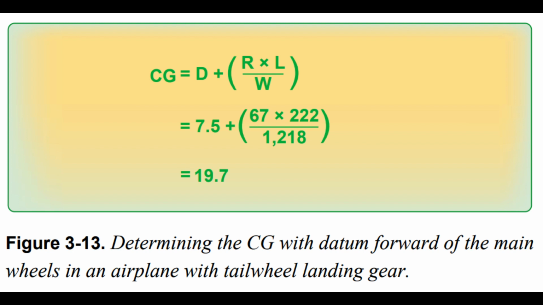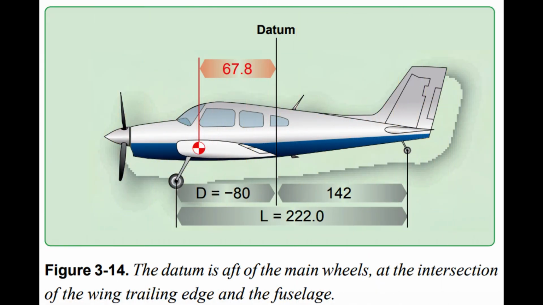Datum aft of the main wheels, tail wheel landing gear. The datum of the airplane in Figure 3.14 is located at the intersection of the wing root trailing edge and the fuselage. This places the arm of the main gear, D, at -80 inches. The net weight of the tailwheel, R, is 67 pounds, the distance between the main wheels and the tailwheel, L, is 222 inches, and the total net weight, W, of the airplane is 1,218 pounds.